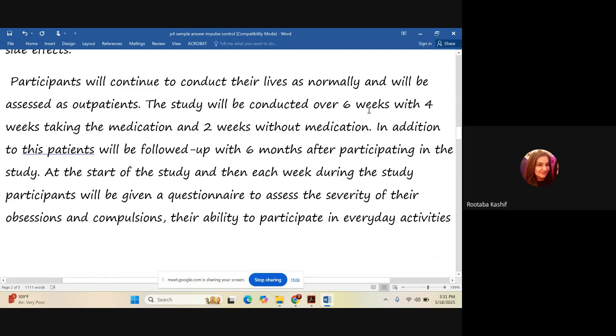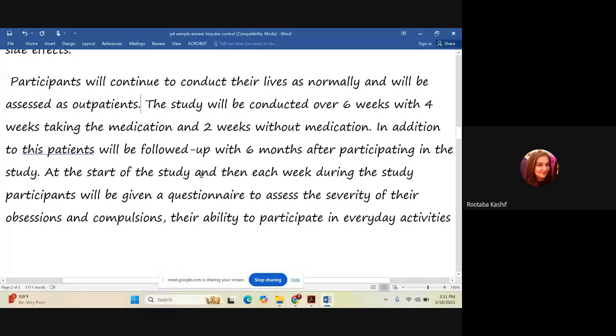The study will be conducted over 6 weeks. It's 4 weeks taking the medication and 2 weeks without the medication. In addition to this, patients will be followed up within 6 months after participating in the study.